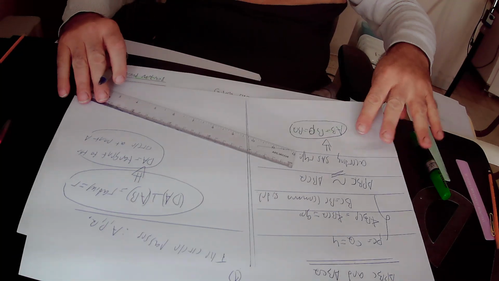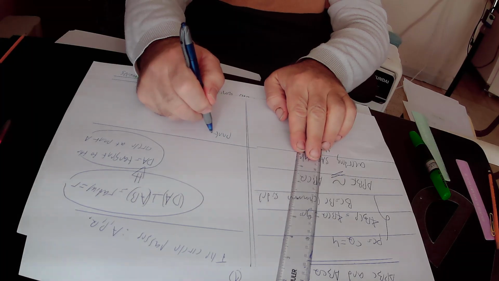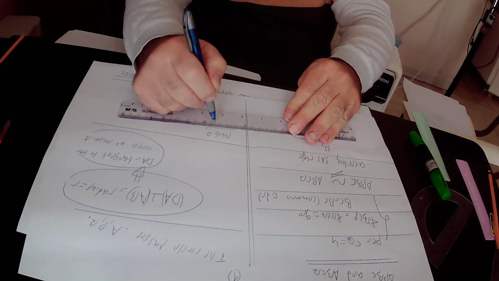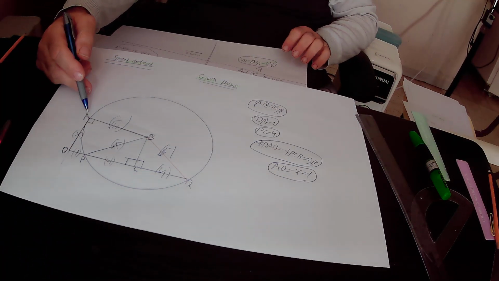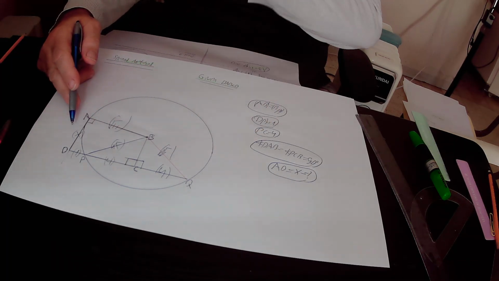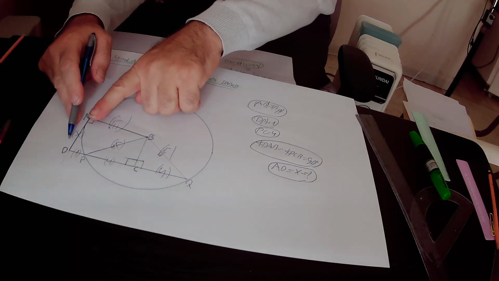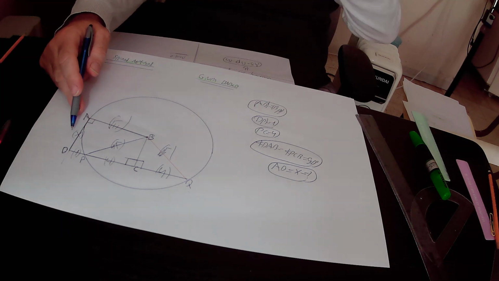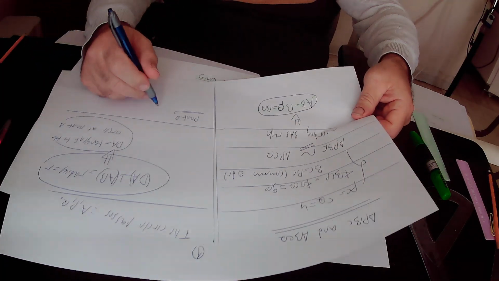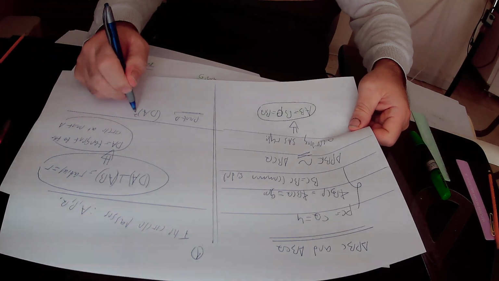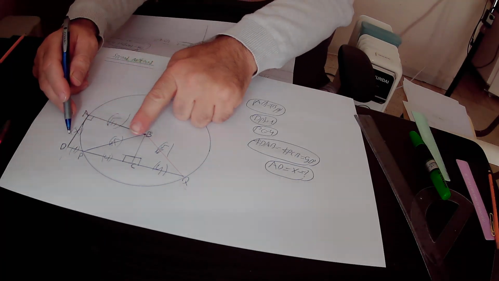If we focus on the common external point, point D, from this point we have tangent DA, that is tangent to the circle at point A, and we have secant DQ. The external part of secant DQ is DP, and the length of the secant in total is DQ. According to the tangent secant theorem, the length of this tangent squared, that is DA squared, equals the product of the external part times the length of the secant.